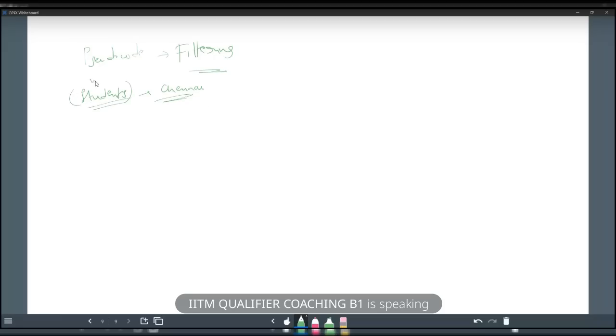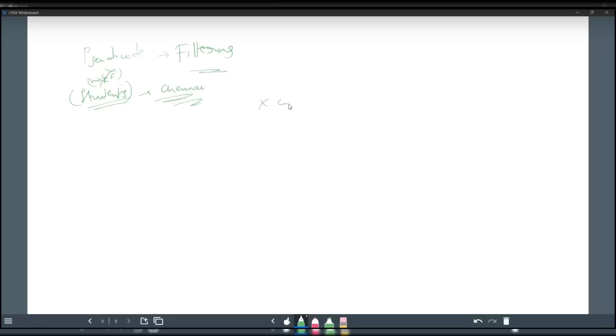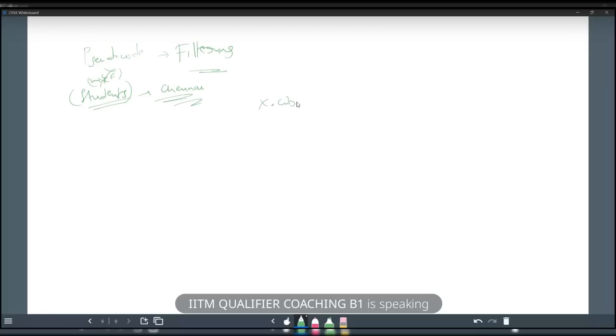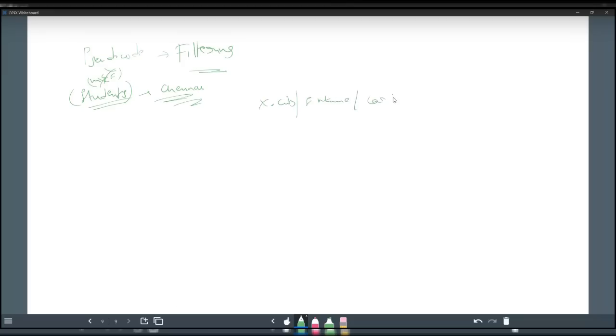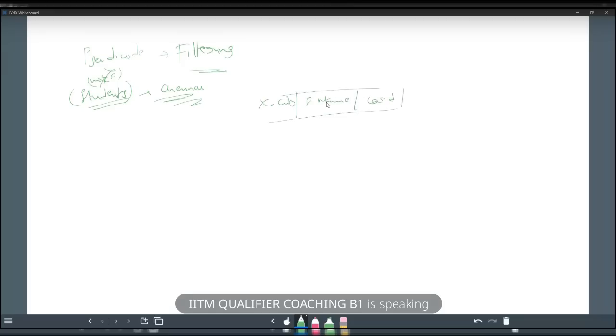Only students, not male or female. So now, what do we need to do here? As one of your classmates said, we need to start by declaring variables, where the student is x, right? x.city. We need to keep these variables in mind: x.city, student name, card number. These are the three things that we have to keep in mind.